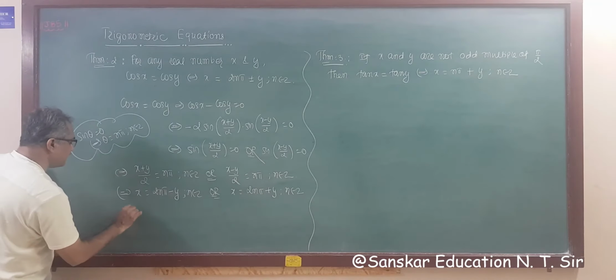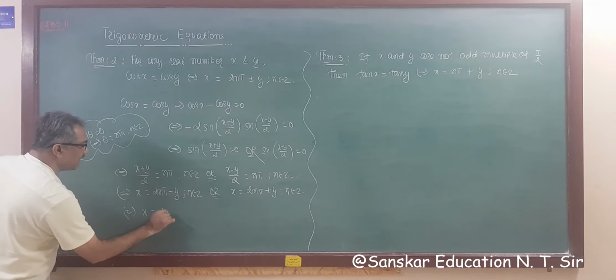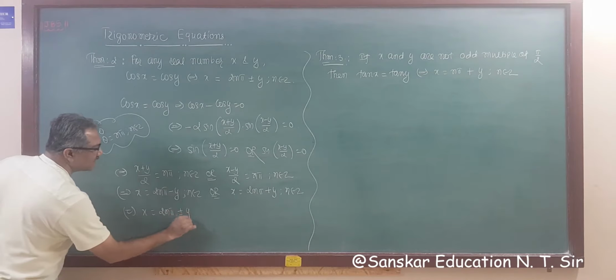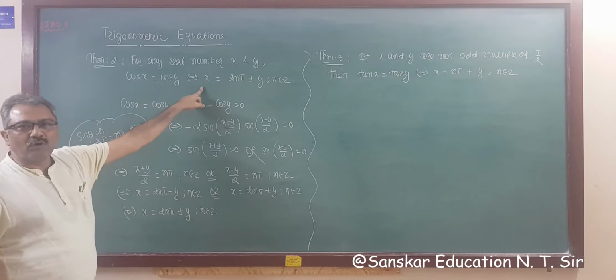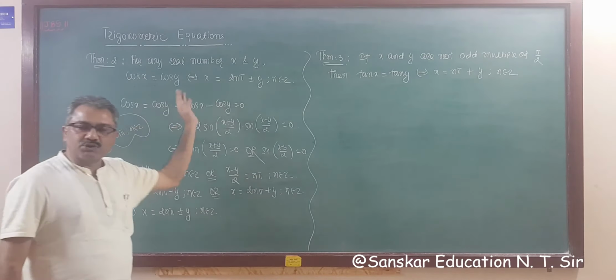So we get x is equal to twice n pi plus or minus y, n belongs to Z. That is the solution set of cos. Solution set of cos is x is equal to twice n pi plus or minus y, n belongs to Z. Solution set of sine is n pi plus minus 1 raised to n into y, n belongs to Z, and tan is n pi plus y only, that you have to remember.